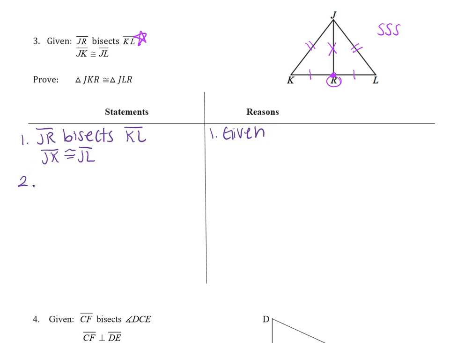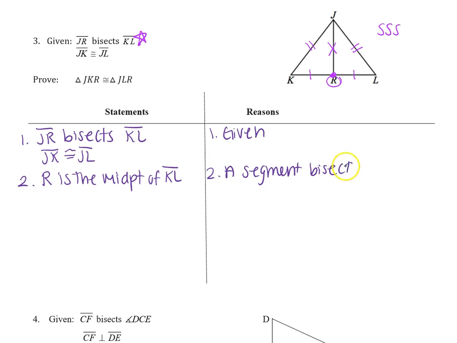Okay, so let's talk about R first. Remember we said that JR bisects KL? We're going to say that R is the midpoint of KL. And that's because, okay, remember this from Unit 1. A segment bisector intersects a segment at its midpoint.